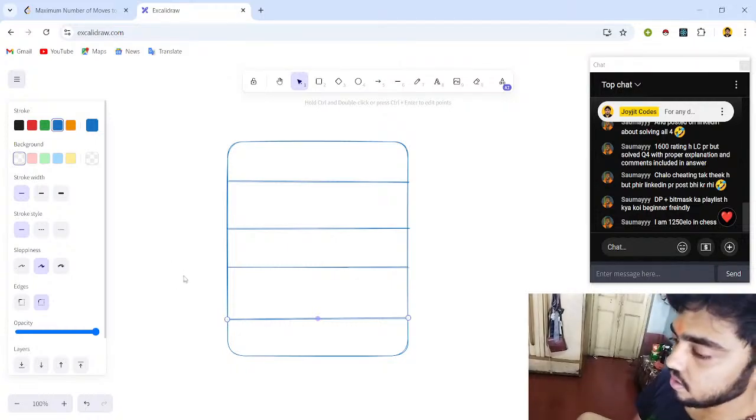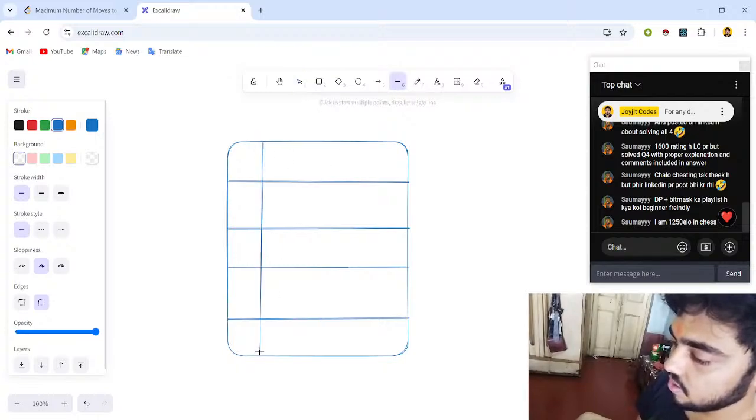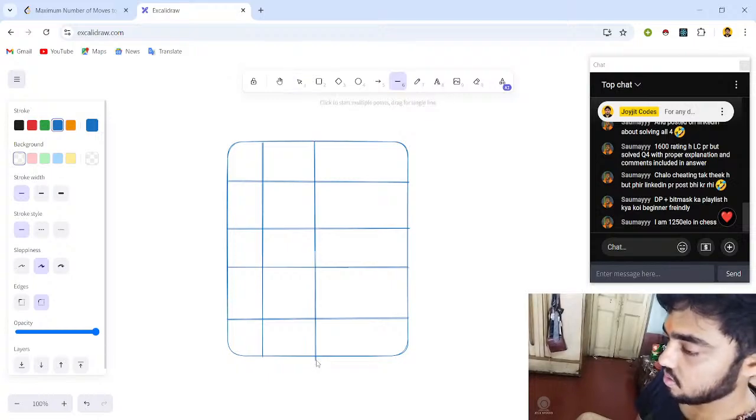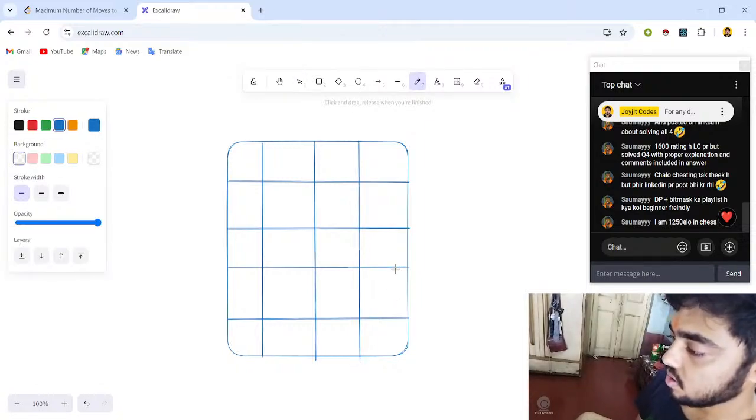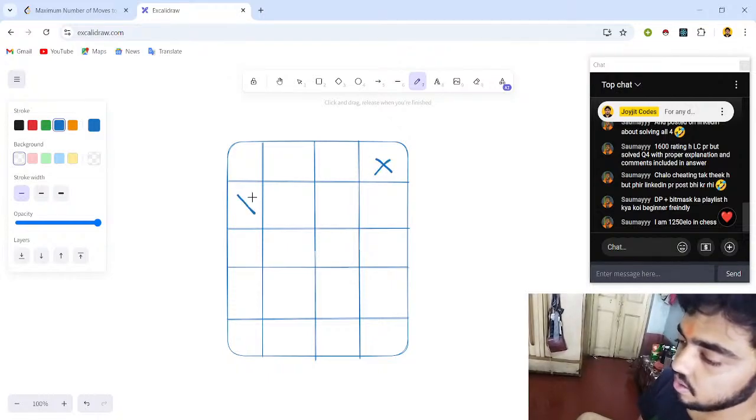Okay, chalo. So if you have a pawn, let me also go for these squares. Okay, so whenever you're talking about the position of the pawns, we can mark them as x.